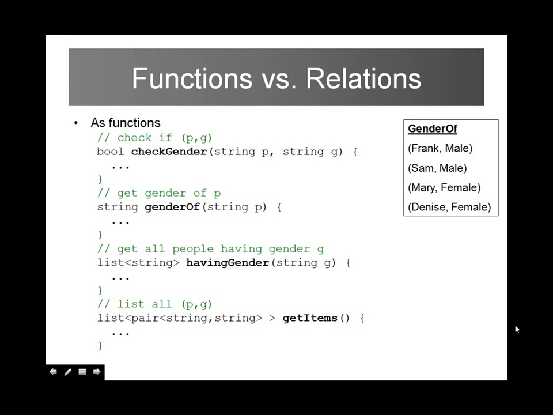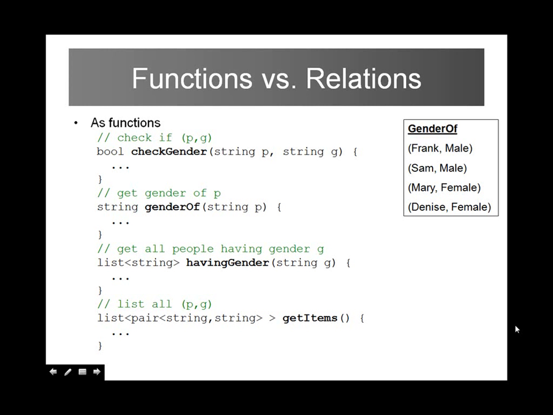Basically, you can check if person P's gender is G. The next function, given a person P, returns me back his gender. The third function is actually the inverse of the second one. Given a gender G, it gives me a list of all the people who have that gender. And finally, the last one gives me a list of all items in the relation.